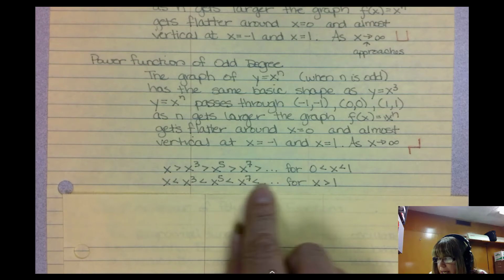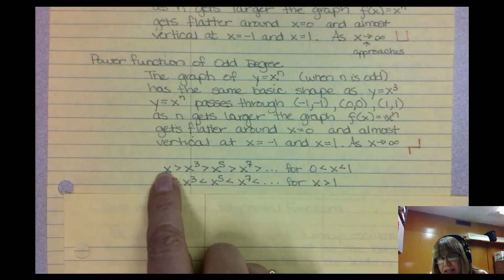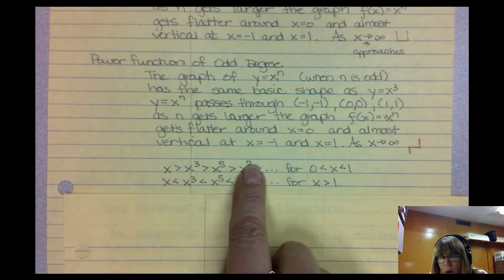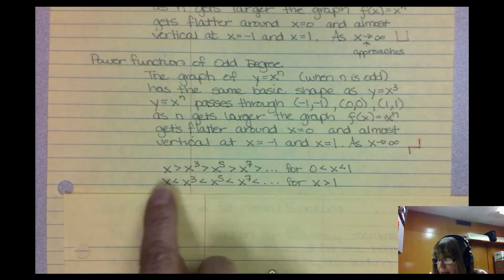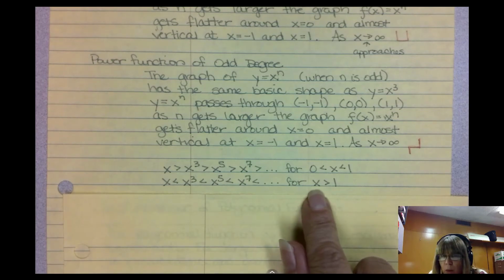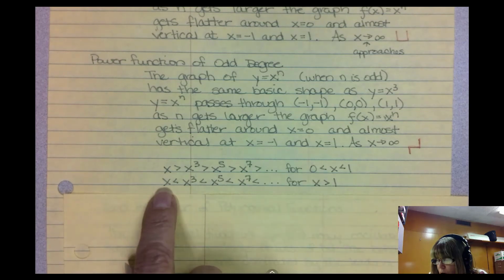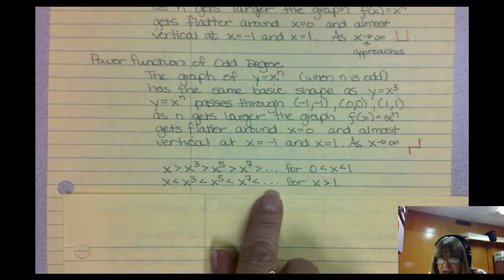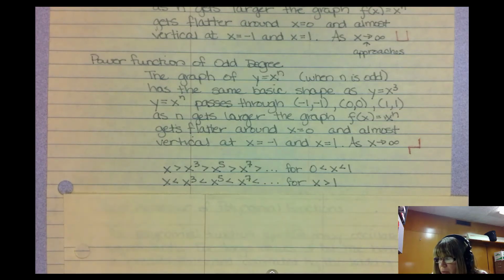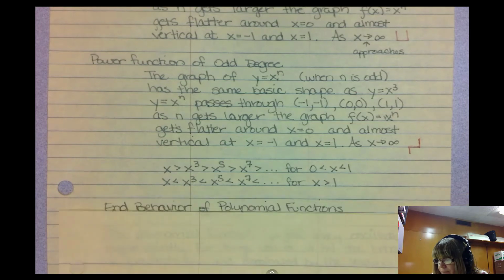That's all it's saying: if our x value is a fraction, as the power grows, the value of our function gets smaller and smaller. If our x value is greater than 1, then as our powers grow, so does the value of our f(x). So very similar to an even function.